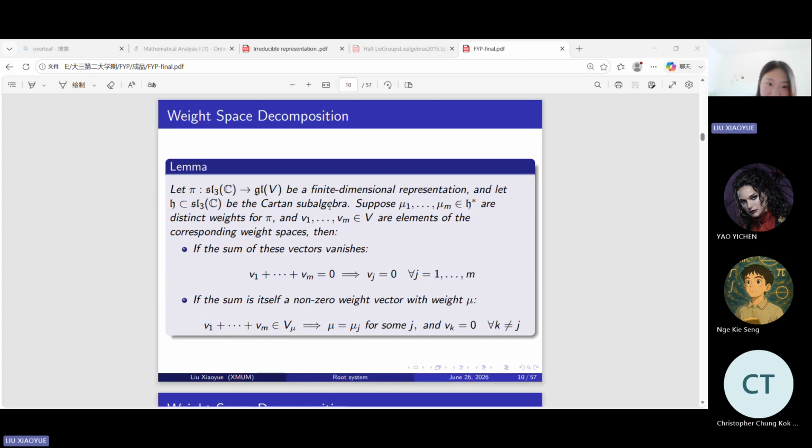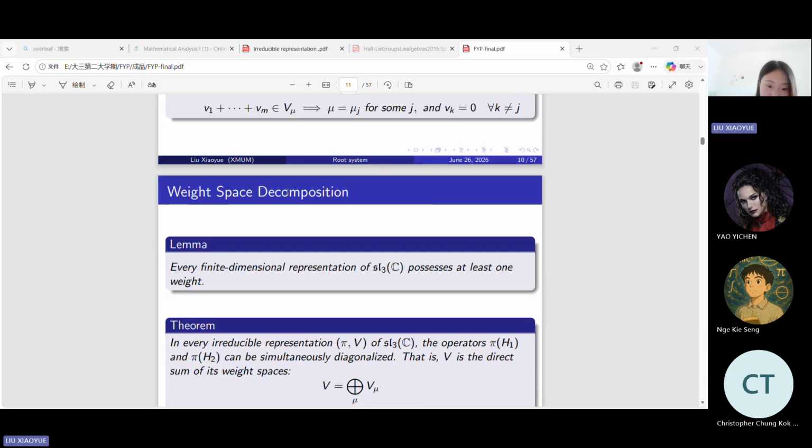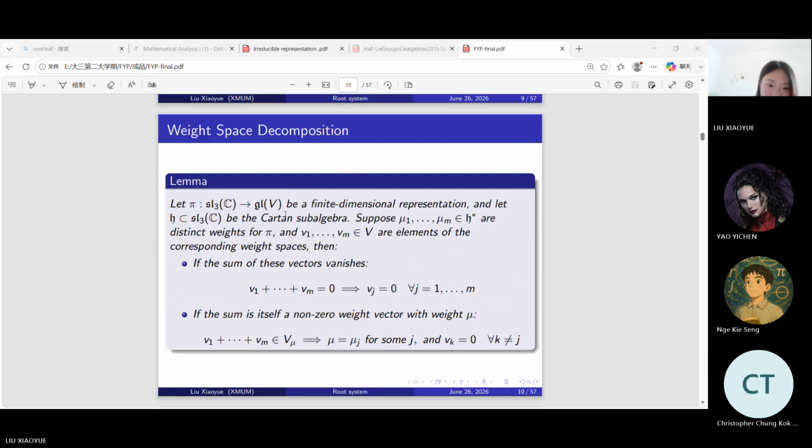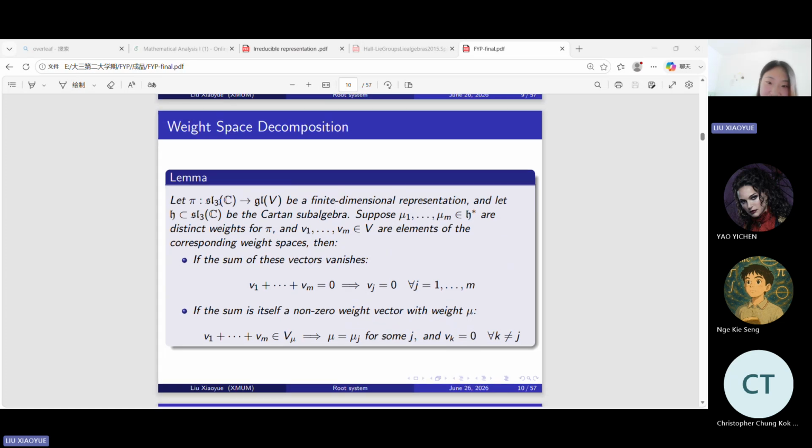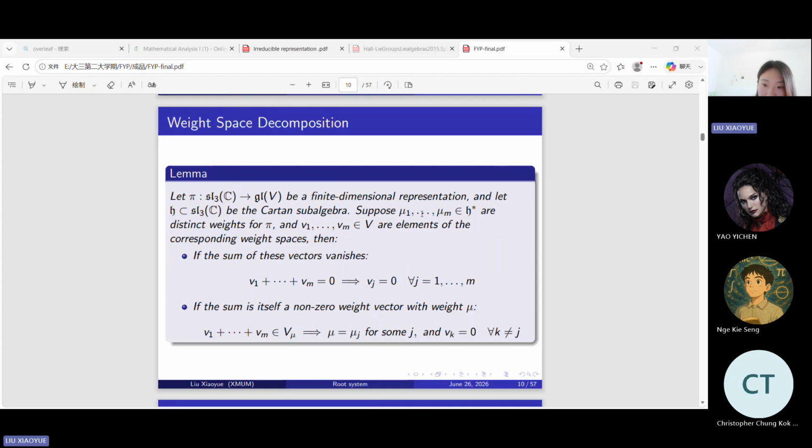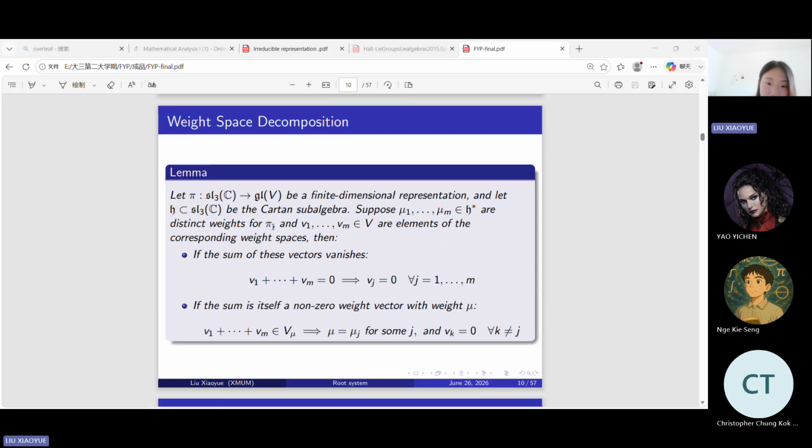This is a lemma to prove the later theorem. This lemma says if pi is a finite dimensional representation and H is a Cartan subalgebra, suppose mu1 to mu_m are distinct weights for pi, and v1 to v_m are elements of the corresponding weight spaces.